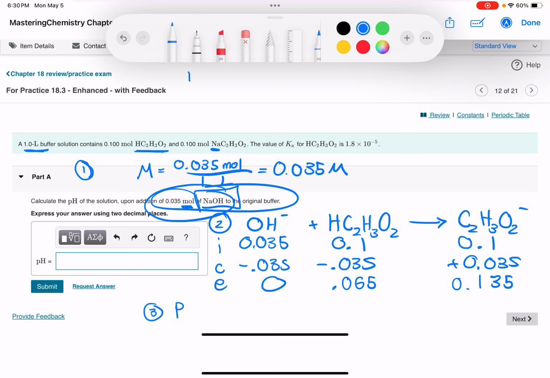Okay, now third step, equilibrium. pH equals pKa. So we're going to take the negative log of 1.8 times 10 to the negative 5th plus the log of base, 0.135 over acid, 0.065, and that should give us our pH.